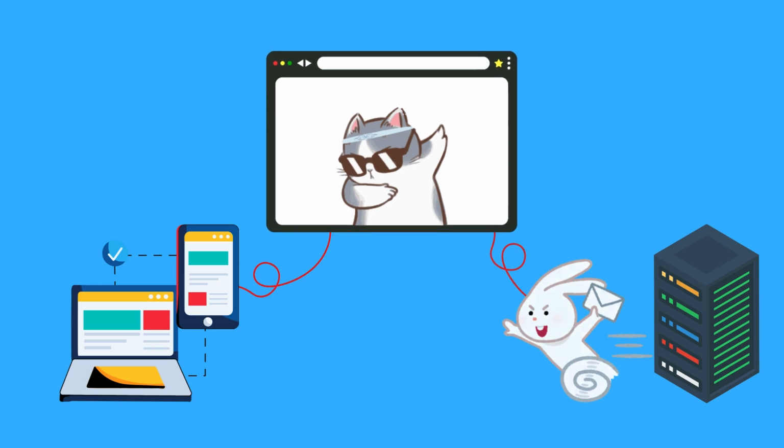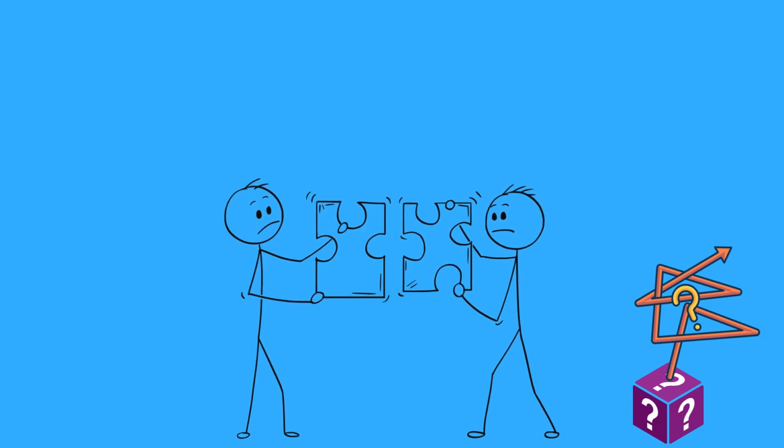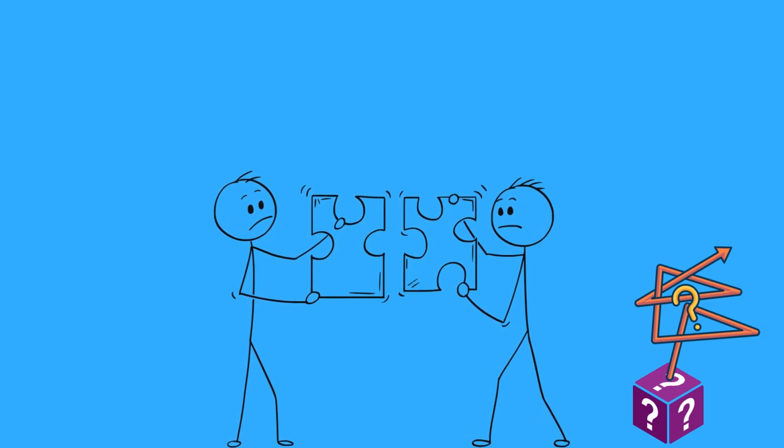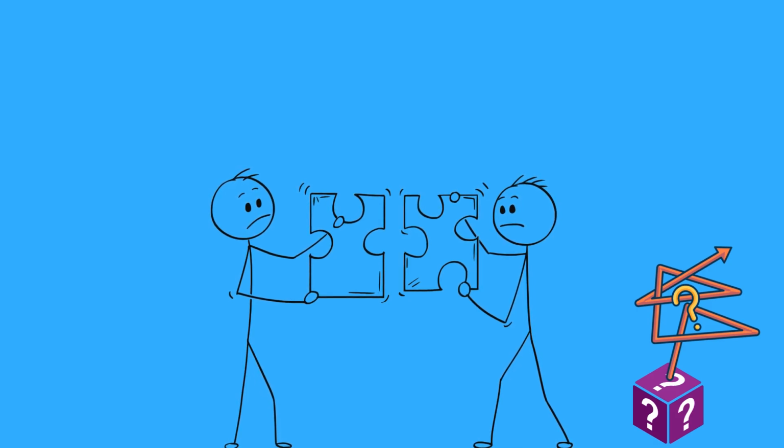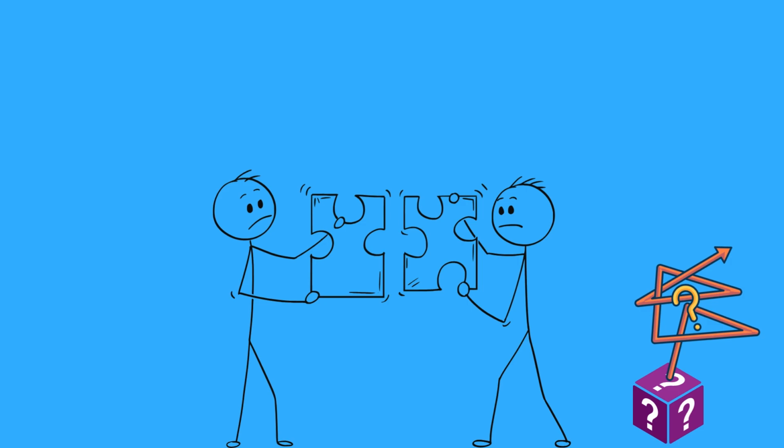But concurrency isn't perfect. When multiple threads are accessing the same resources, like a file, memory space, or printer, they can clash. This is where race conditions come into play. A race condition occurs when two or more threads try to access and modify shared data at the same time, leading to unexpected outcomes.